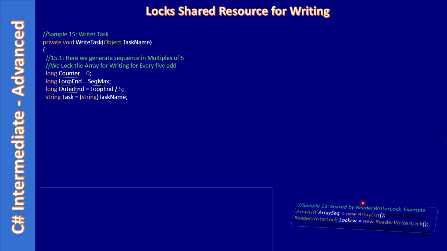And here if you see, we have array list as well as ReaderWriterLock ready. So these two are members of the class, so we can freely access that inside here.